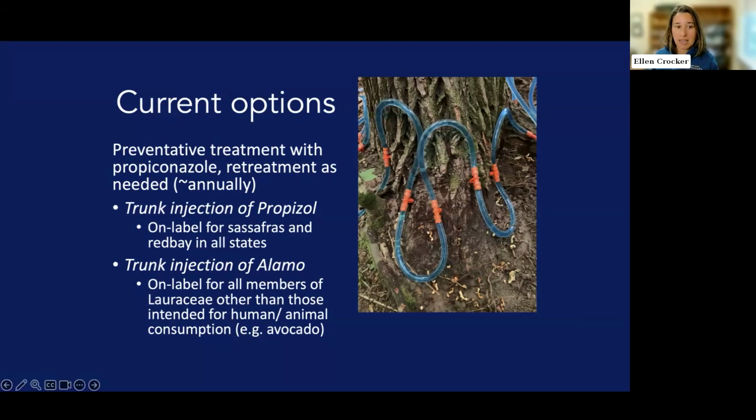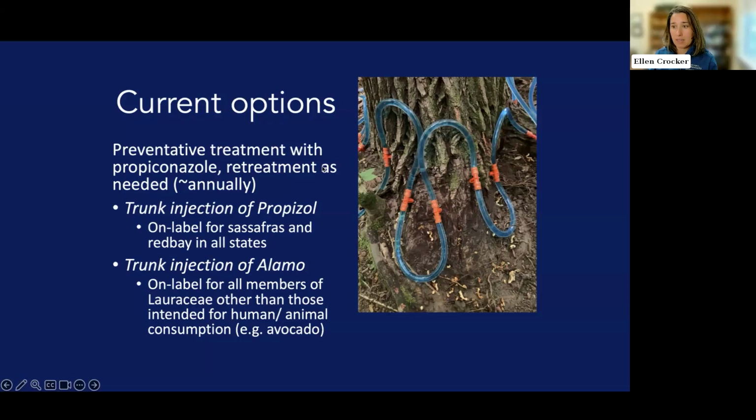Typically these are done as an injection, so here you can see how that injection would work. This is a macro injection with, I think, propiconazole, but Propizol and Alamo are on label for laurel wilt disease. The active chemical in both of those is propiconazole, and you would inject your tree annually.